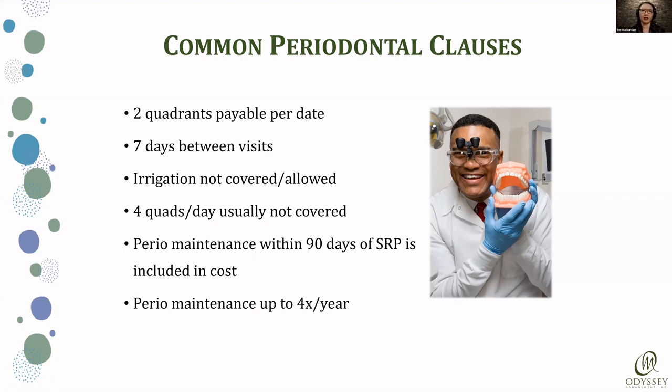One clause that surprises a lot of people is that if you do the scaling and root planing and then you do the evaluation appointment, which again, D0171, within 90 days of that, if you do a 4910, see the patient for the perio maintenance, it's actually considered to be part of the overall procedure. This is if you're a participating provider.